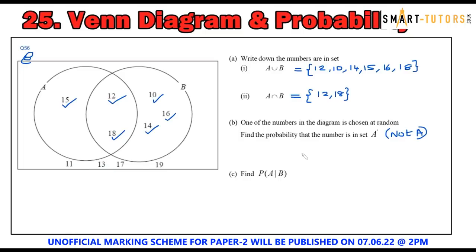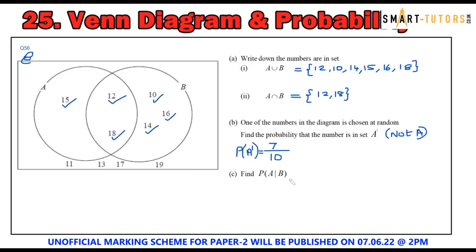So these 7 numbers out of 10 numbers. So 7 out of 10 is the correct answer for that one. So probability of A dash equals 7 numbers not in the A, including the outside numbers, out of 10 numbers.